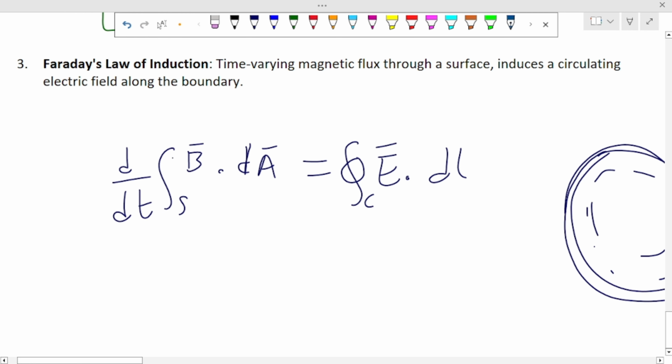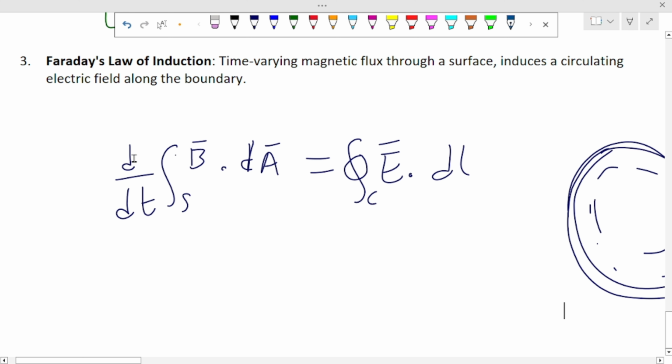Now note that instead of using partial derivative here, I use just an ordinary differential instead of a partial differential. Why? Because we are taking the integral here.